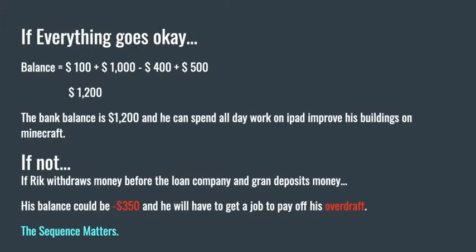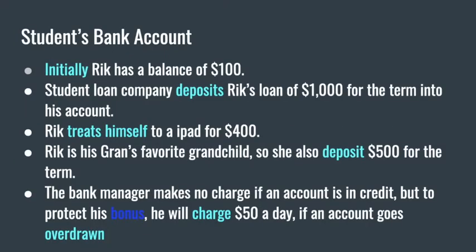If everything doesn't go like that, just imagine a scenario where Rick withdraws money before the loan company and granny deposit money. So he has only the $100 which was initially in the account, and he withdraws $400, resulting in minus $300 in his account.